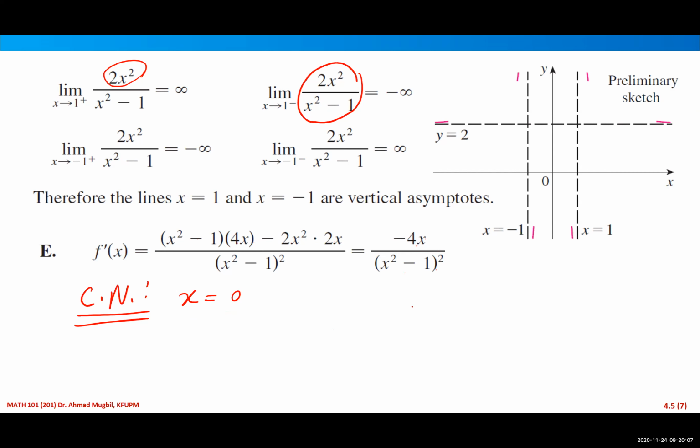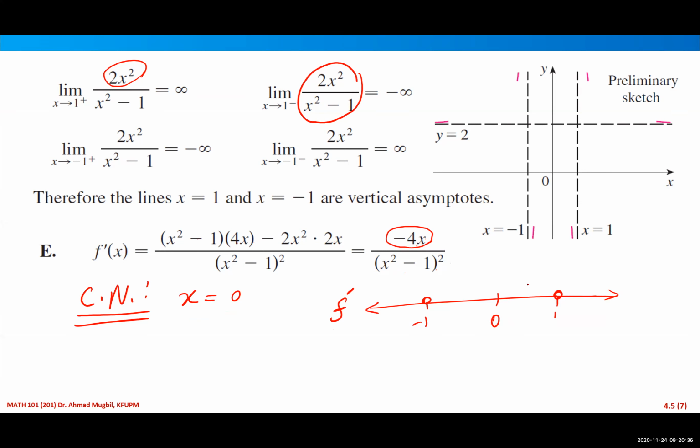So now we will do this small trick. This is the only critical number that we have. It is okay to write -1 and 1 here, but they will not affect the sign. By the way, the denominator is always positive, because it is squared. Don't worry about it. What you should worry about is this one. So now, we are talking about the derivative.